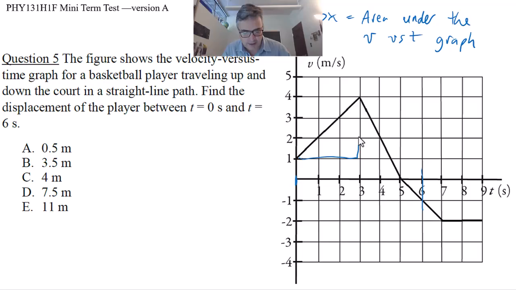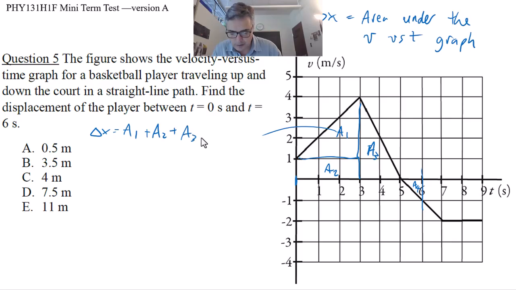So I would say this area right there, maybe call that A1, plus A2 down here, plus A3, and there's A4 down here. So delta x is going to be A1, which is a triangle, plus A2 plus A3 minus the area of A4.